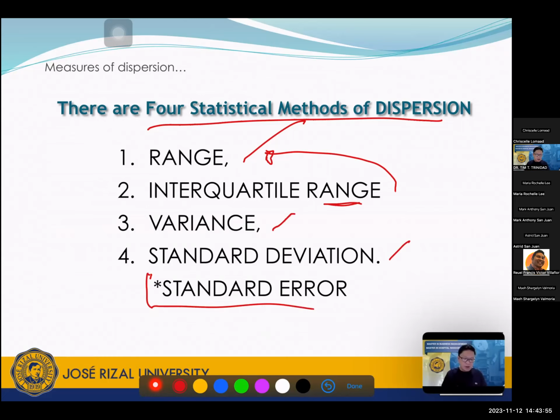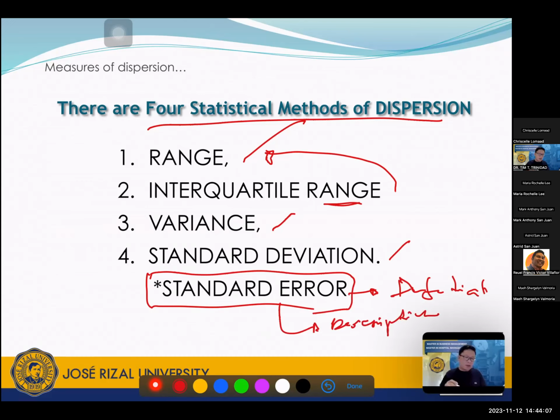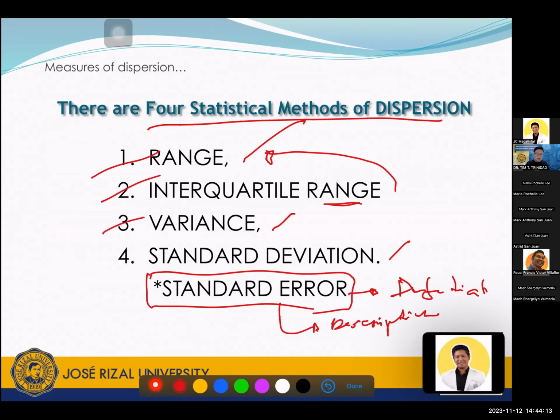We also connect the standard error because this can be inferential statistics, but it can also be a descriptive stat. I will tell you why later on. But the four statistical methods of dispersion again are range, interquartile range, variance, and standard deviation. Okay, are we clear on that?